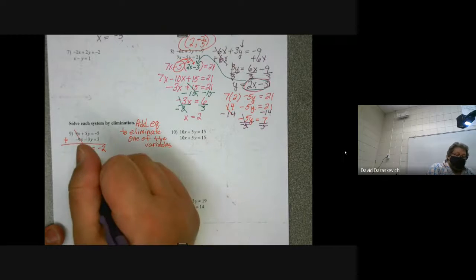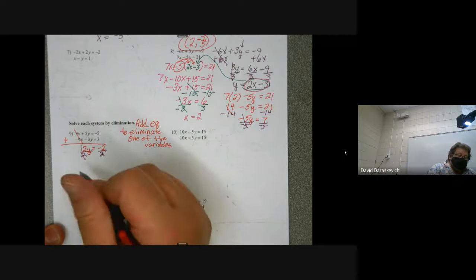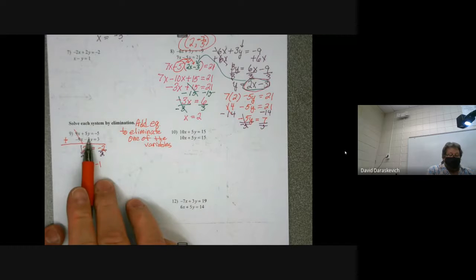Divide both sides by 2. And I get y equals negative 1. Now, don't forget to go back and figure out what x is.